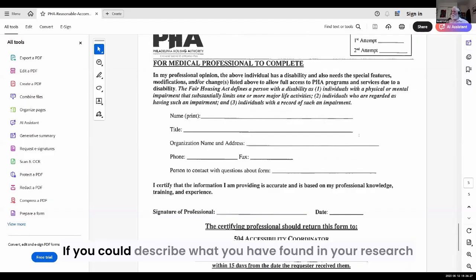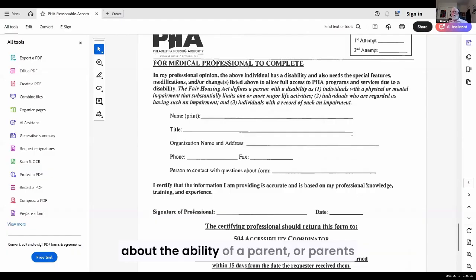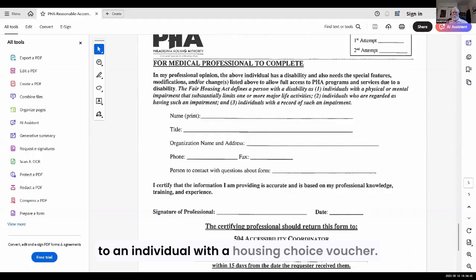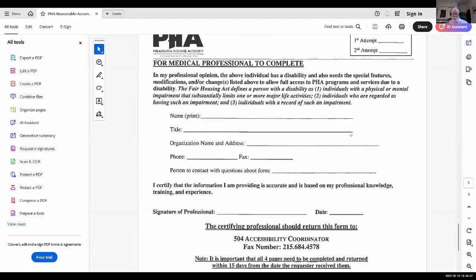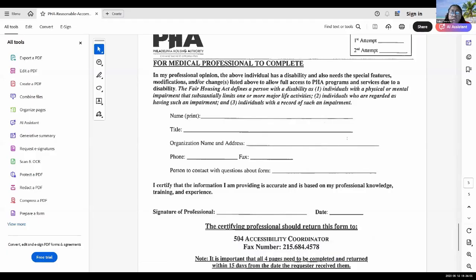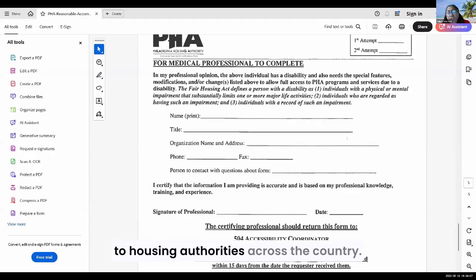If you could describe what you have found in your research about the ability of a parent or parents who own or are purchasing property and using that to rent to an individual with a housing choice voucher. Yes. What I'm about to say is not specific to just Philadelphia, but to housing authorities across the country.